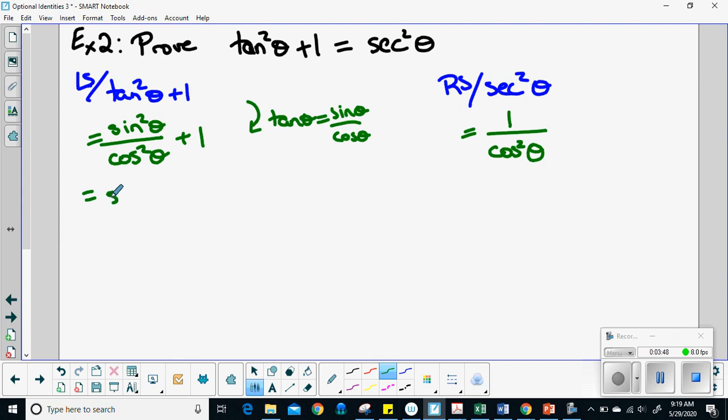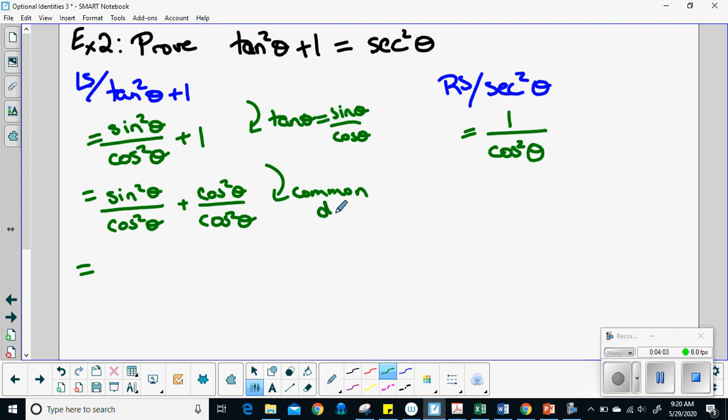Now I need a common denominator, so I'll have sine squared theta over cos squared theta plus cos squared over cos squared. So I got a common denominator. Now let's add up our numerators. Sine squared theta plus cos squared theta all over our common denominator.